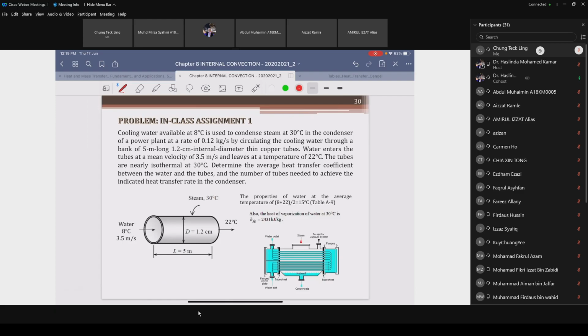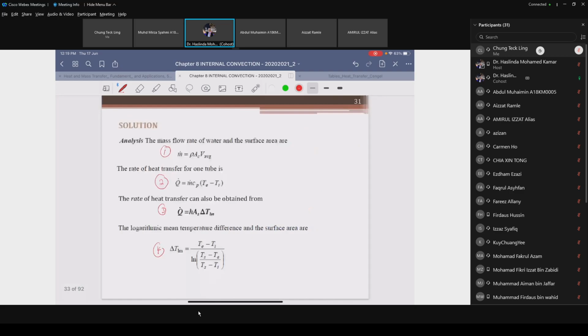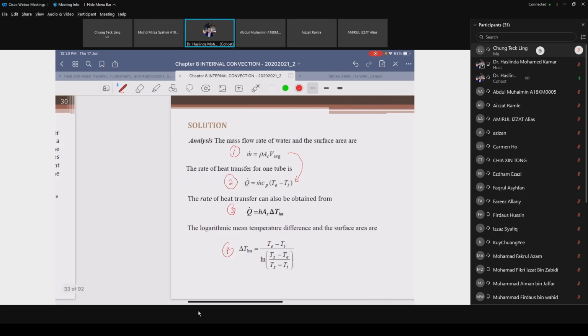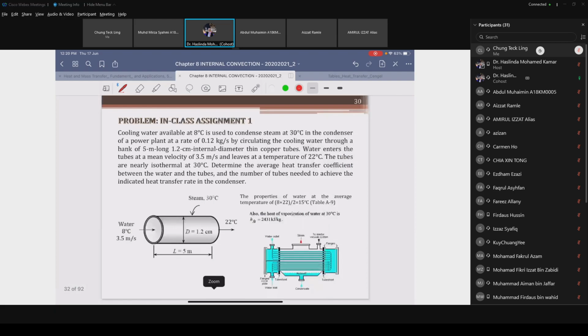Actually, this assignment is indeed an assignment that helps students. This is how I do it in class. After I give the problems, I teach: first you should calculate m dot. Why do you need m dot? Because from this m dot you can calculate Q dot, meaning the heat transferred due to the water.